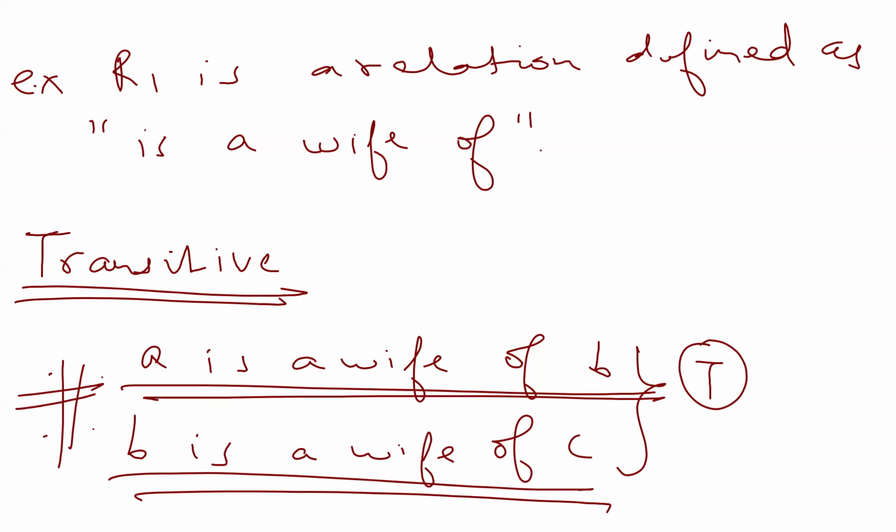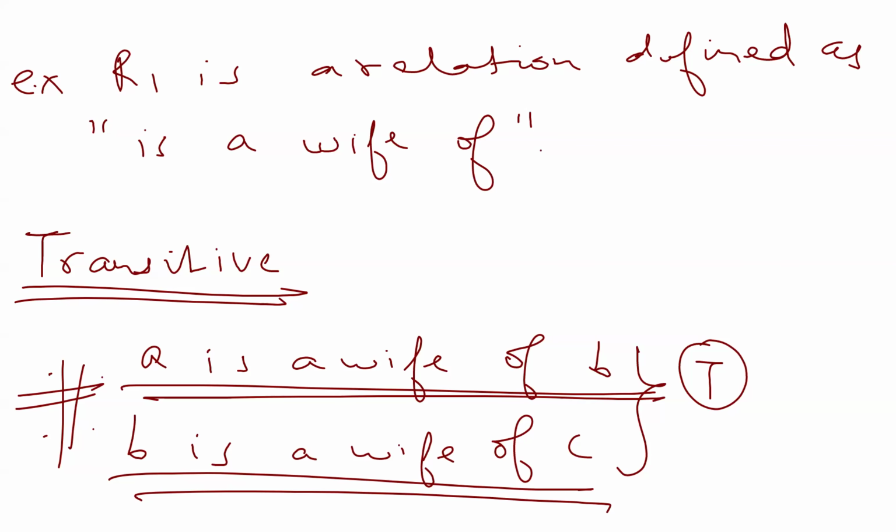A is a wife of B, so B is a male. How can B be a wife of some other person? So we cannot really check transitivity over here, because the two statements have to be true to check transitivity, so that the third statement is true.